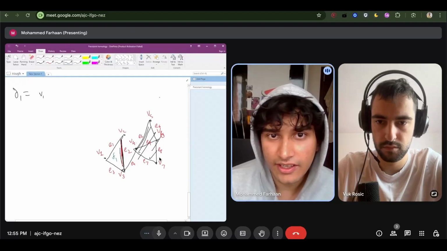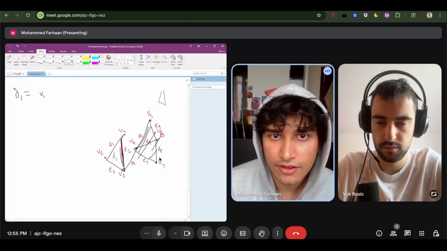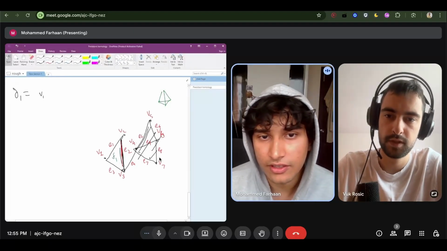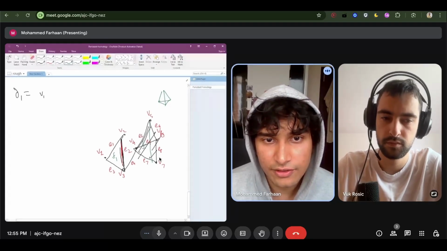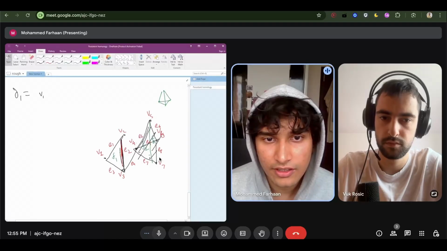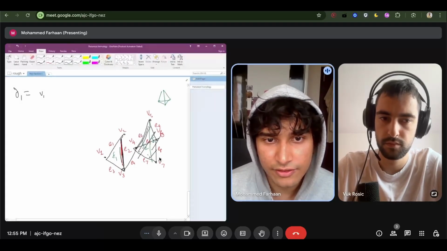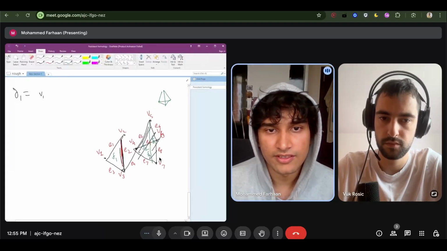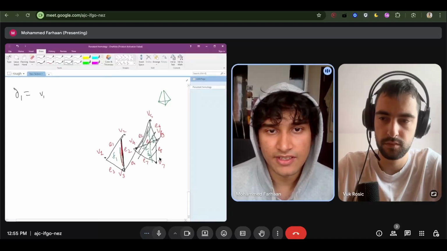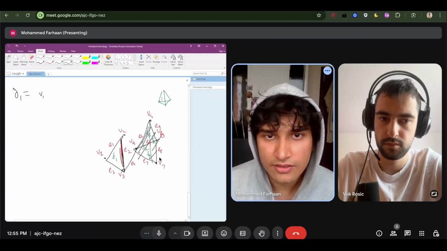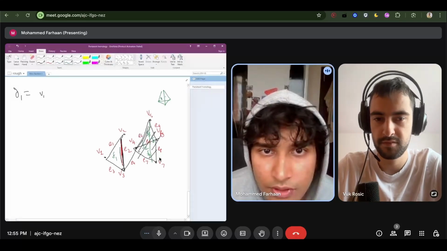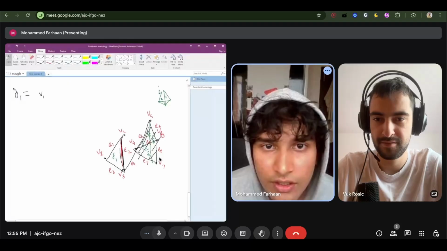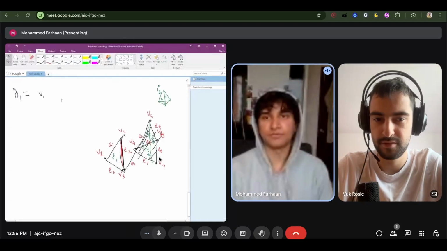A tetrahedron has how many faces? 4. This front face is F2, F3. The bottom face, let's say, is F4. And this last face, we'll say, is F5. So I'll just draw it here. This is 2, 3, 4, and the back one is 5.